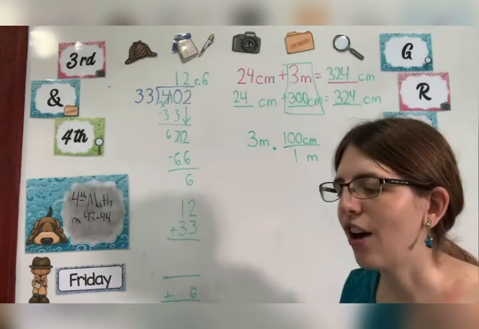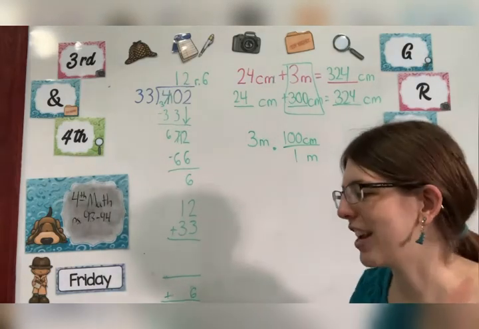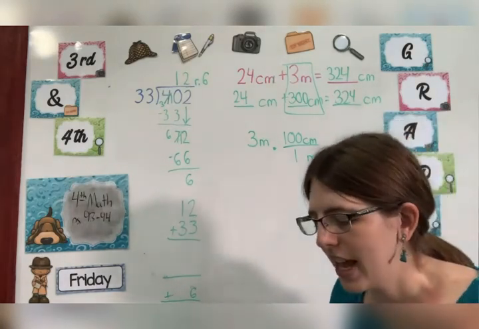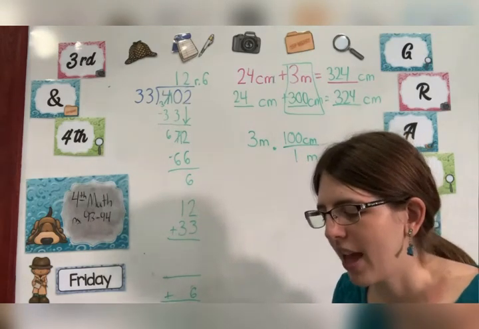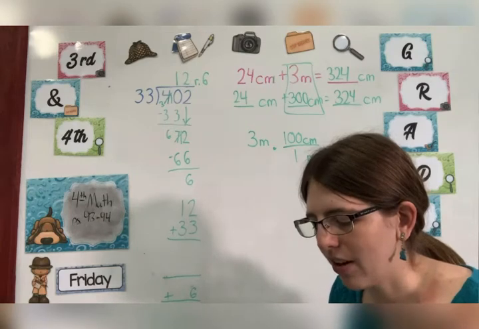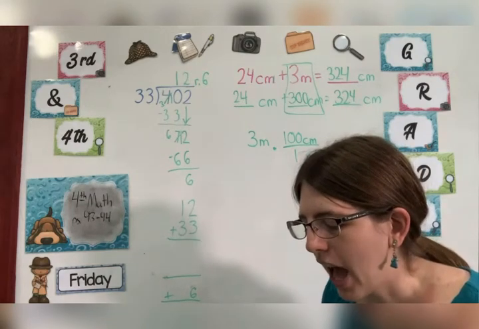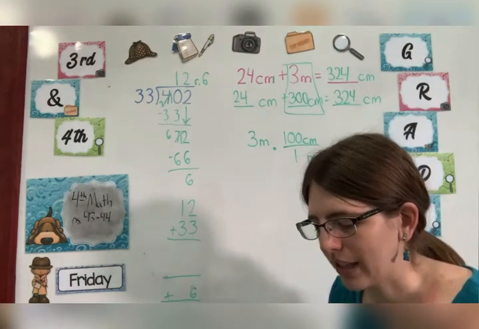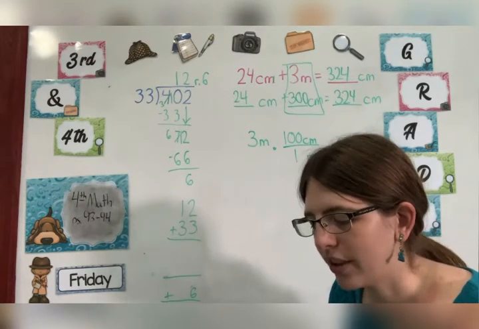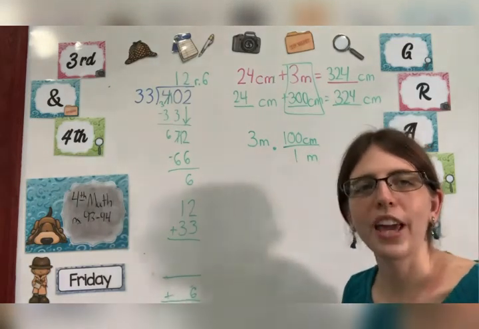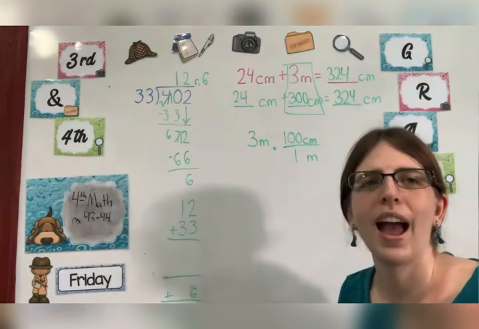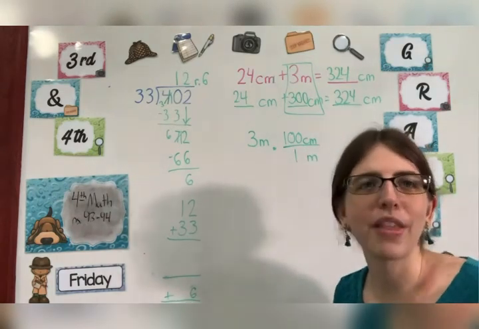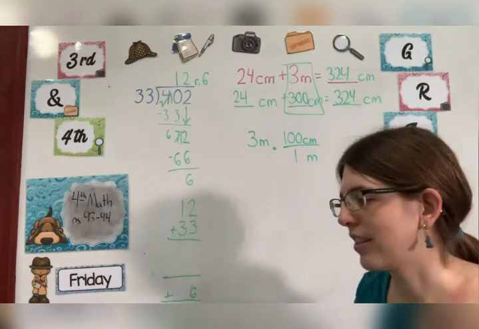Number 5, solve these story problems, page 94. It is 5/9 miles from Antonio's house to the library, and 3/9 miles from Gary's house to the library. How much farther is it from Antonio's house than from Gary's house to the library? Okay, when we say how much farther or how many more, remember that's a clue that we're going to subtract.